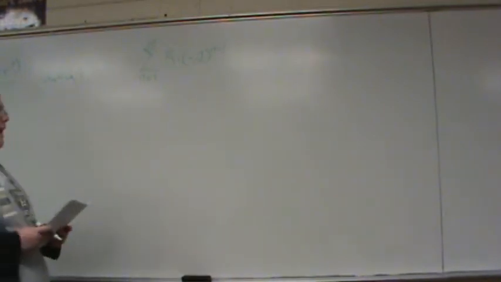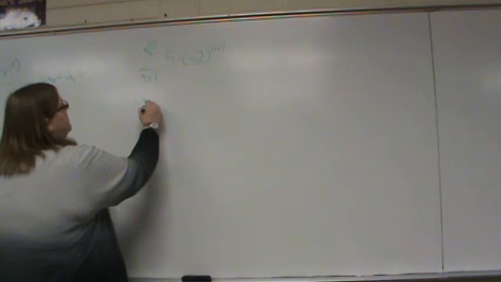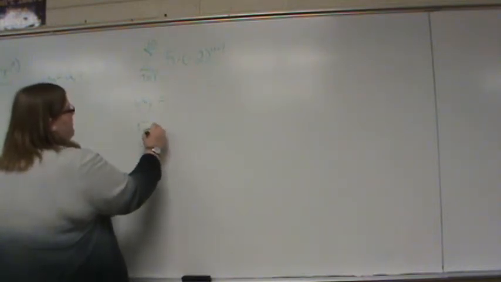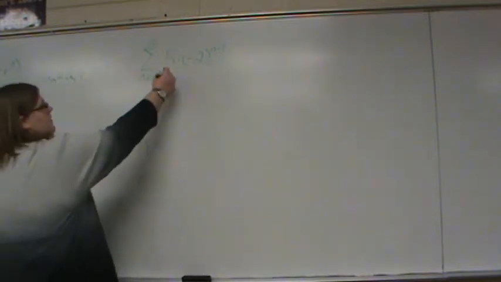Alright, so we're gonna look at example 4. In order to find the sum of example 4, I need those same 3 values that I've needed this whole section. I need my A1, I need my R, and I need my N value. Looking at this summation notation, what values do I have? What's my A1 value? 5. That comes from right here.